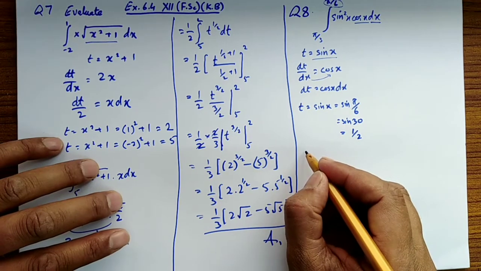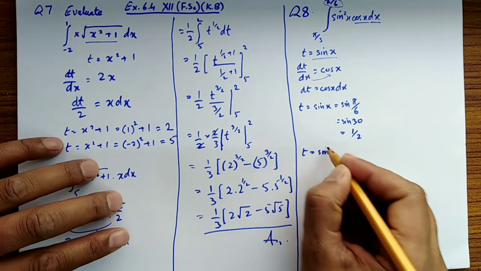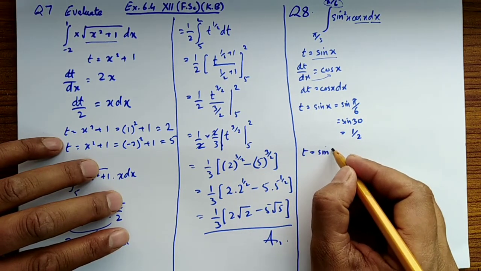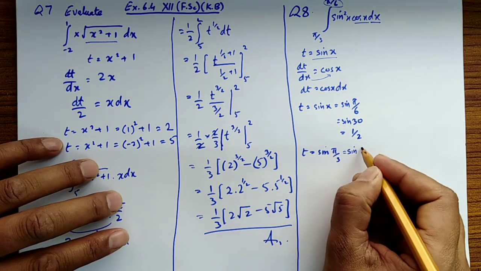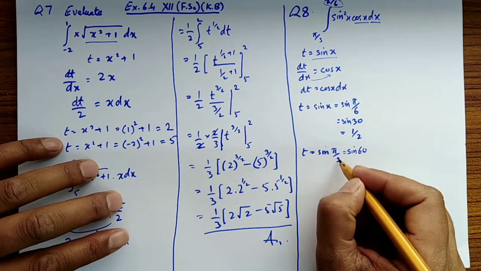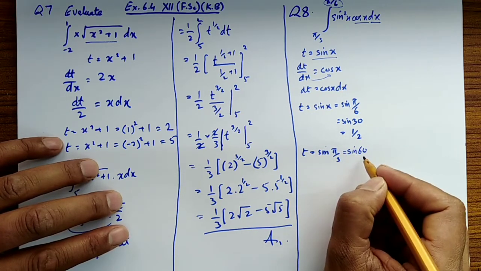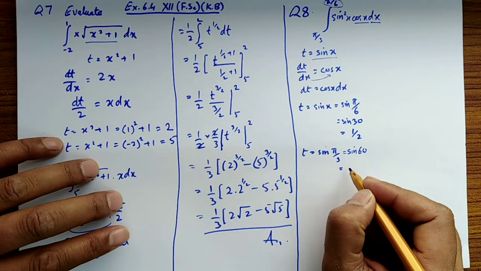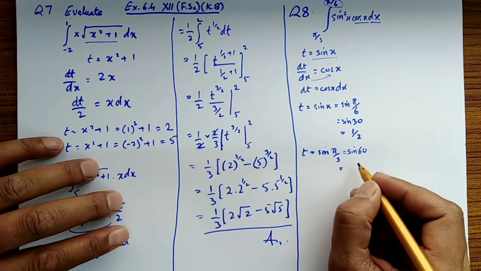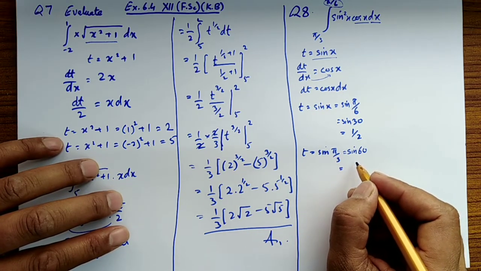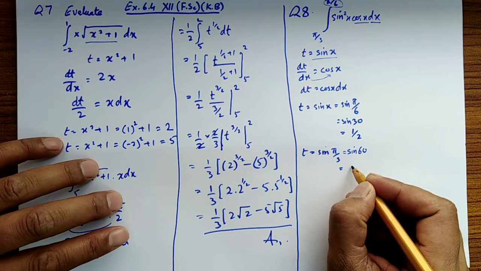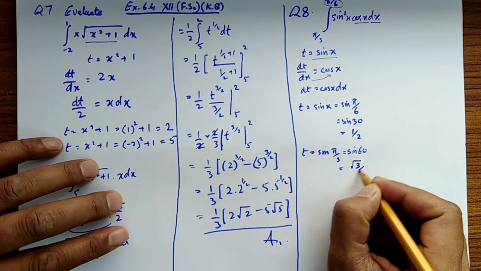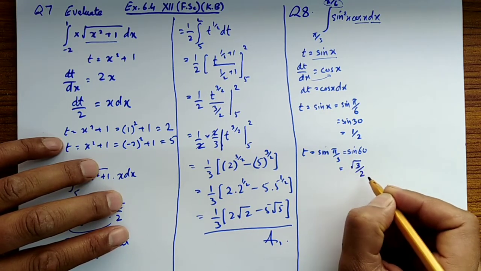For the other limit, t equals sine of pi upon 3. Pi upon 3 means sine 60, since 180 divided by 3 is 60, and sine 60 is equal to, I think, root of 3 upon 2.